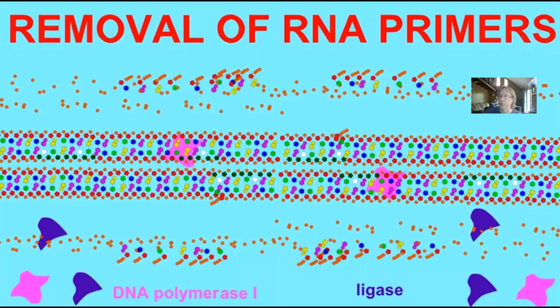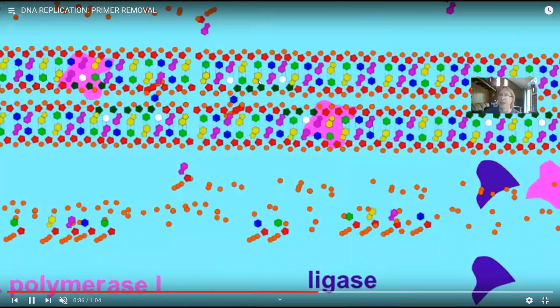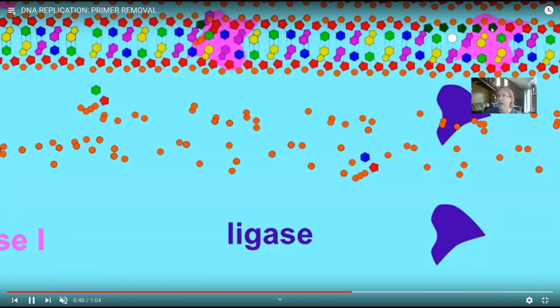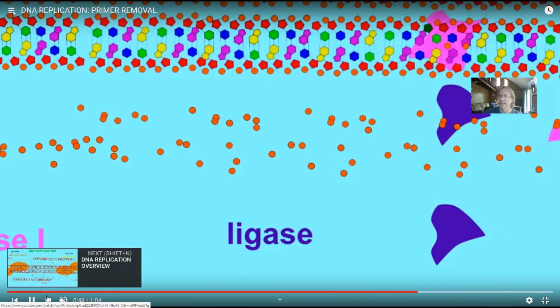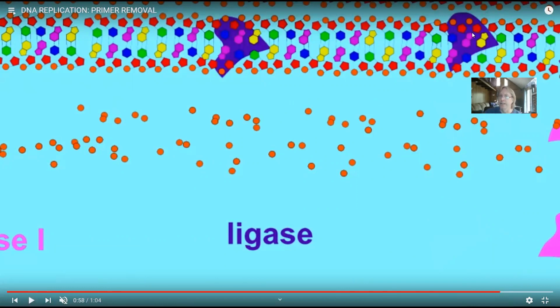And so while it was great that we made these RNA primers, if we're going to have a DNA molecule, all those nucleotides with the green, they then have to go. And so a different DNA polymerase is going to remove the RNA primers and then replace it with DNA nucleotides.